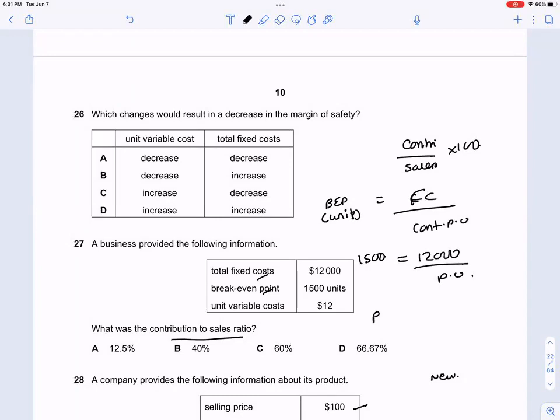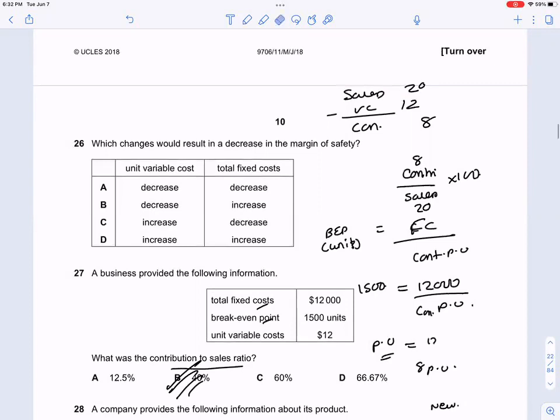So it will be 12,000 upon 1,500. Contribution per unit is 12,000 upon 1,500, it would be 8 per unit. Contribution is 8. I know sales minus variable cost gives me contribution. Contribution is 8, variable cost is 12. What is the selling price? 20. 8 divided by 20 into 100, contribution to sales ratio is 40%.